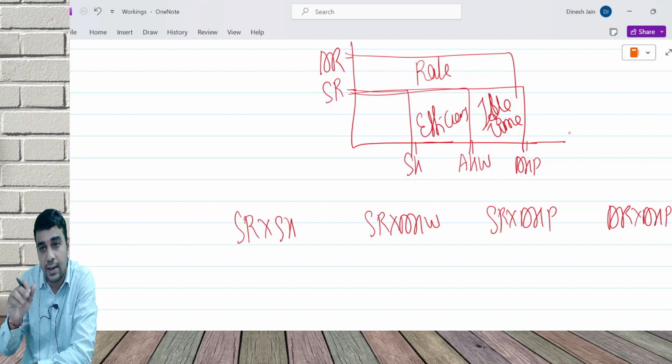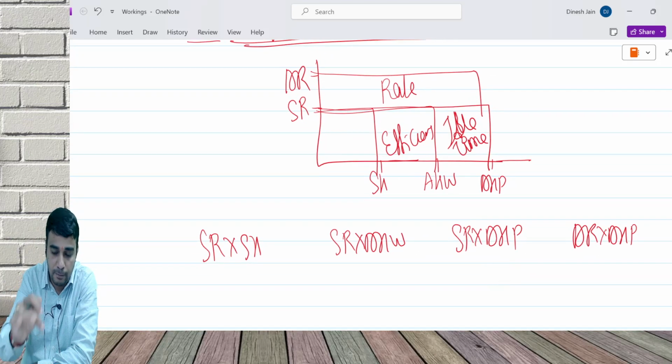The smallest rectangle minus the biggest one is the labor cost variance, which is SR into SH minus AR into AHP. So first put the chart, below put the computation table and then start writing the formula.